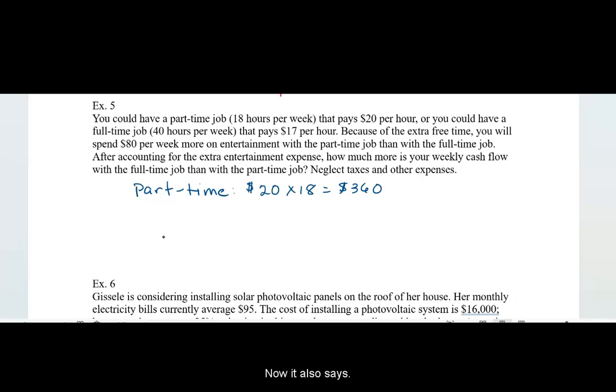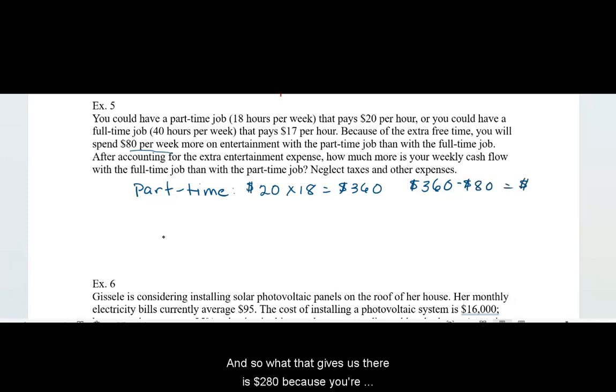Now, in addition to that, notice up here, you're going to spend $80 more than with the full-time job on entertainment. So now we're actually going to subtract the 80. And so what that gives us there is $280, because you're spending more now than you were if you had the full-time job, I guess because of the extra time.